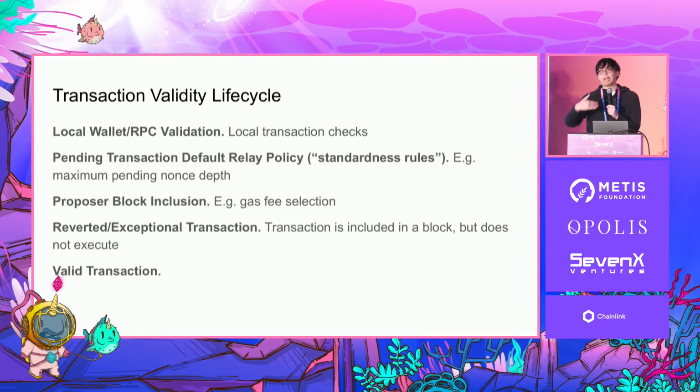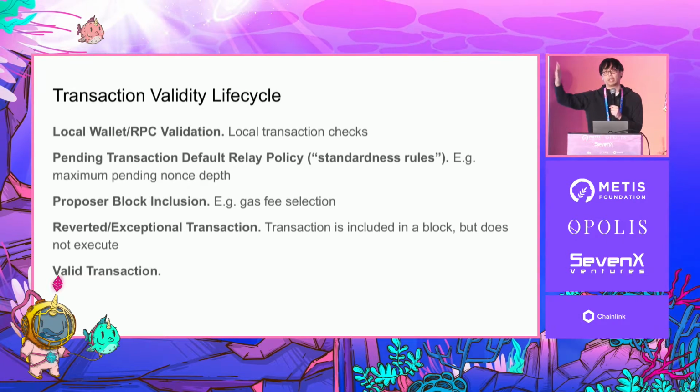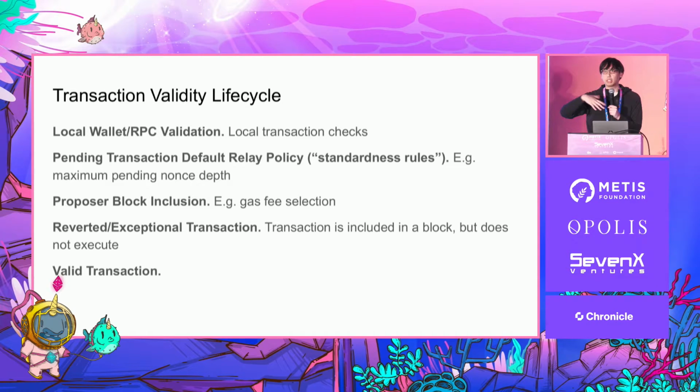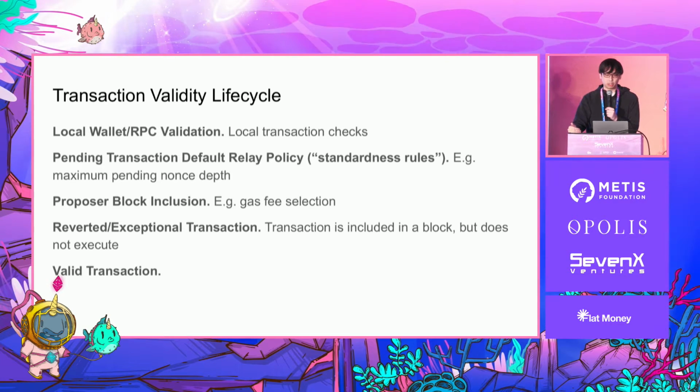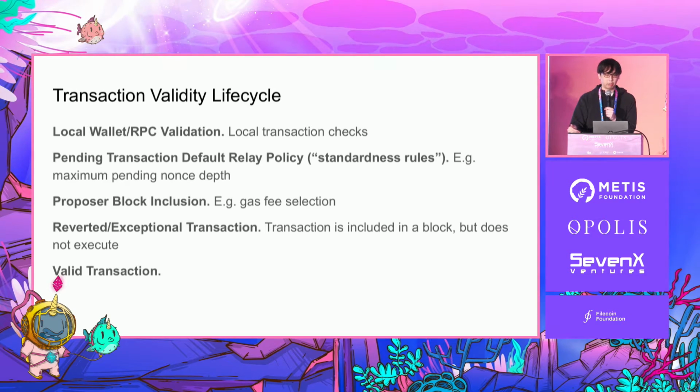An example is there's a maximum depth of pending transactions per account. So if you've got an account with, let's say, 100 pending transactions, you blast it out there, well, it'll only go up to about 75 or so. And then the proposer decides what to include. And then at that point, after it's included in a block, it can either be reverted or a valid transaction.